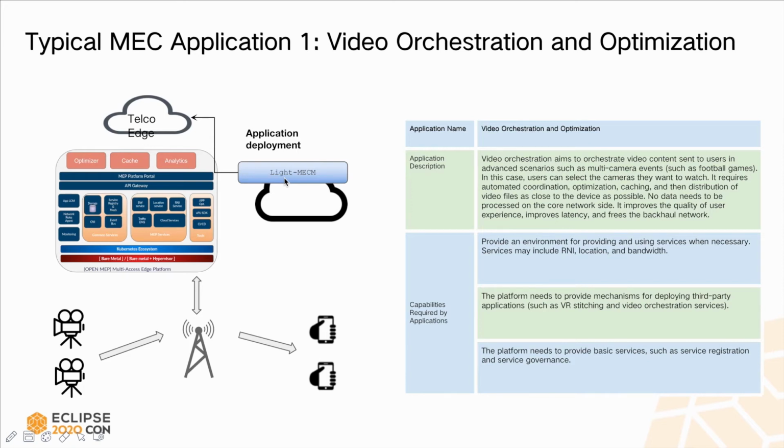The second part of the capability required for this scenario is the VR capabilities, which are VR stitching and video orchestration services, which will ease the development of applications running on top of this 5G MEC platform. The platform also needs to provide some basic services such as service registration and service governance.